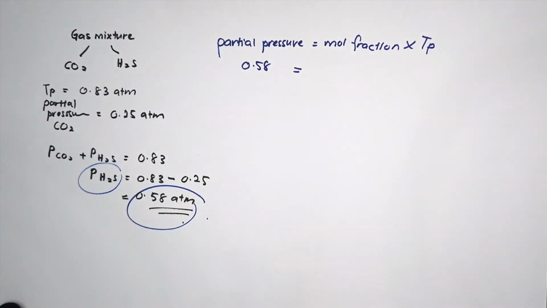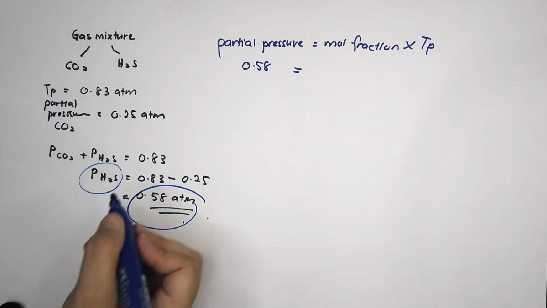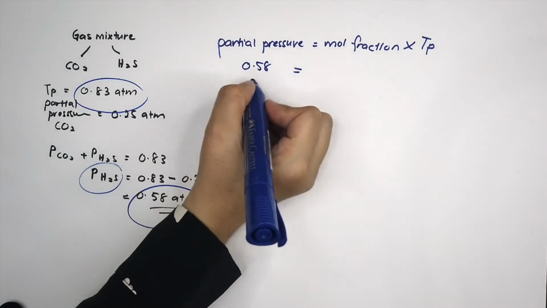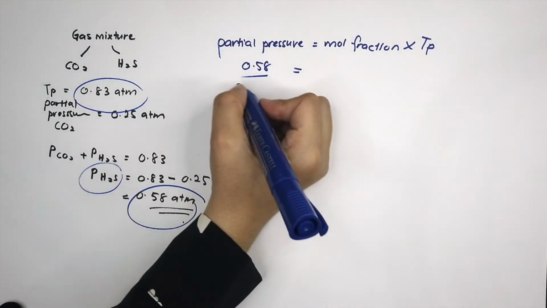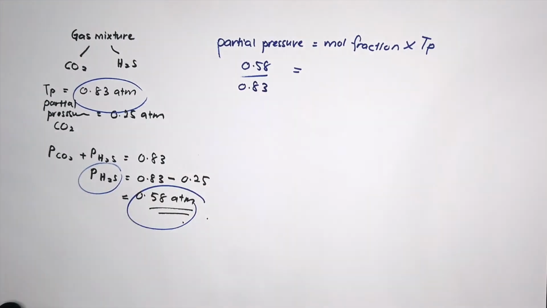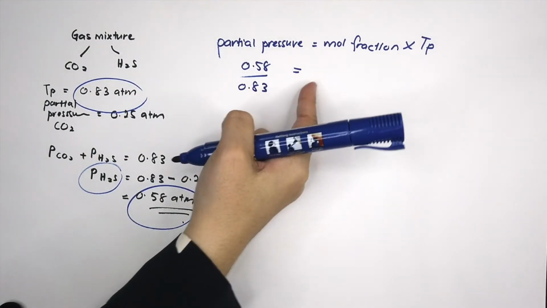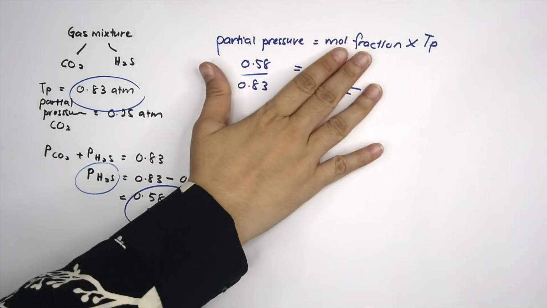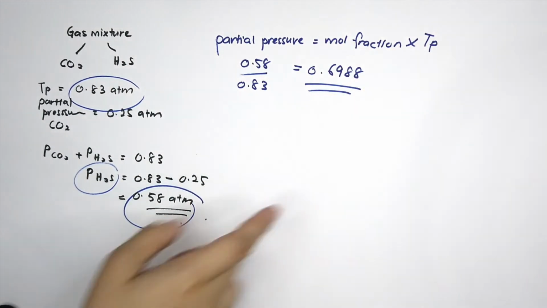You bring it down there. Because the total pressure given in the question is 0.83, 0.58 divided by 0.83, therefore you shall get the mole fraction. The formula for partial pressure is mole fraction times total pressure given to you.